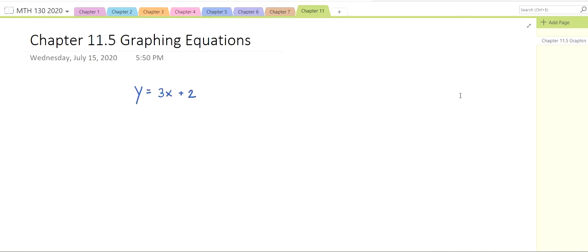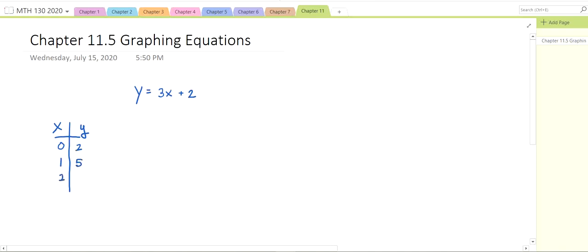let's look at an equation for a line we had here, and we can talk about how we graphed it. We might start by setting up a table. So, for example, when x equals 0, y equals 2. So you stick 0 in here for x. 0 times 3 is 0, plus 2 equals 2. When x equals 1, y equals 5.